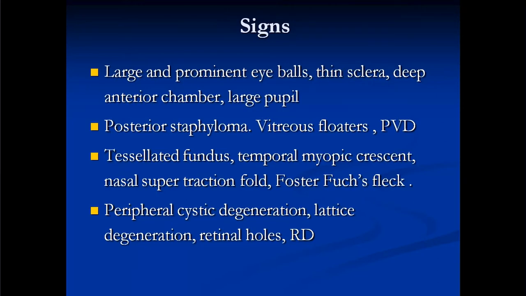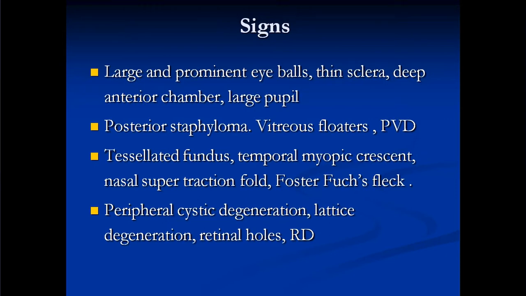Then peripheral cystic degeneration, lattice degeneration, retinal holes, and retinal detachment. Except the first one, that is the anterior segment findings, all these posterior segment findings can be appreciated only if you are good at indirect ophthalmoscopy, right?